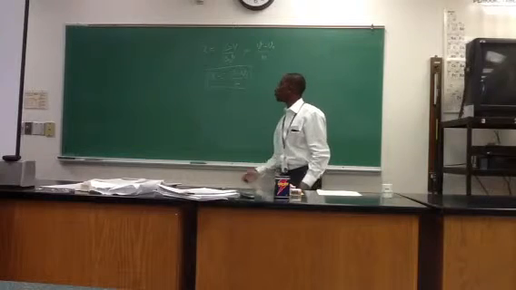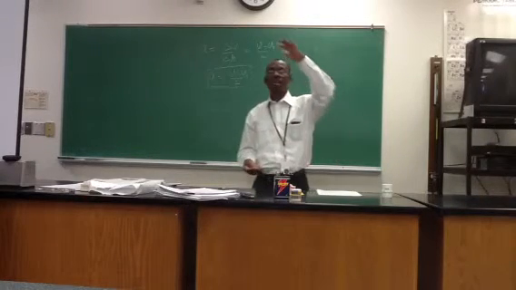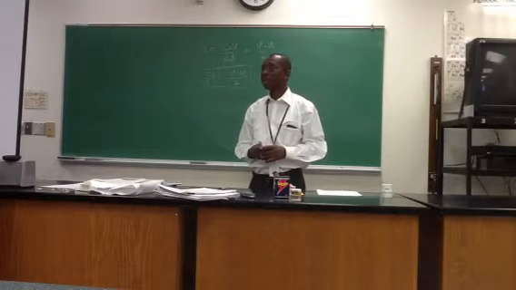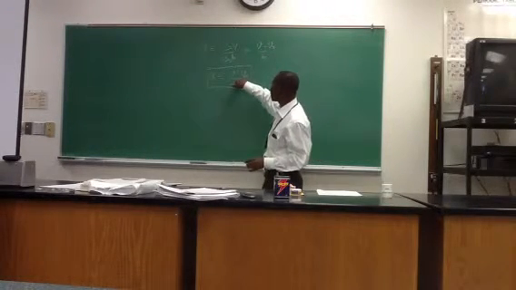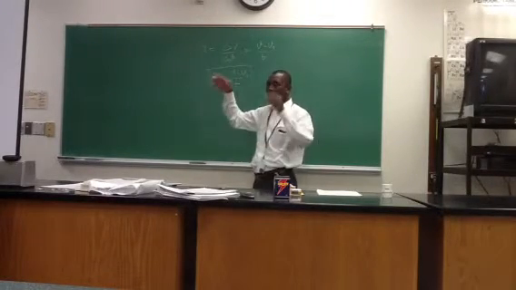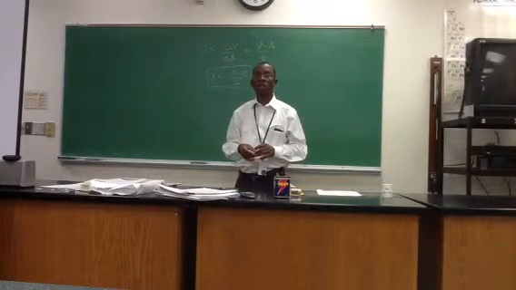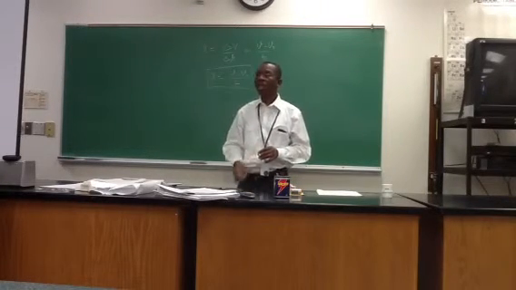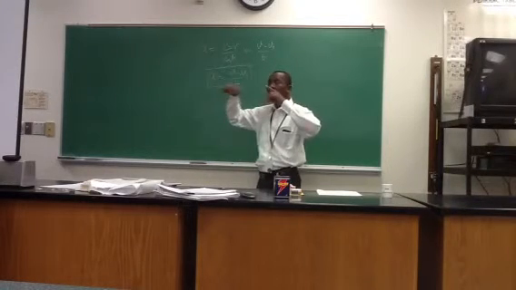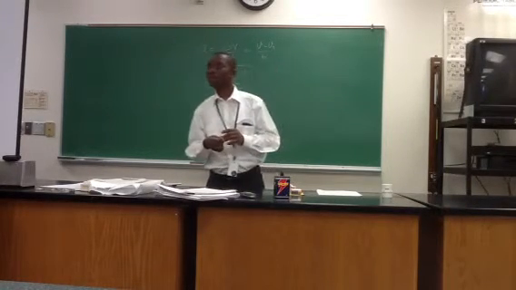Okay. So from here we said that if the object starts from rest, what does that mean to us? It means V initial is 0. What if the object comes to a halt or comes to a stop? What does that mean? It means V final is 0. So know when to use them.